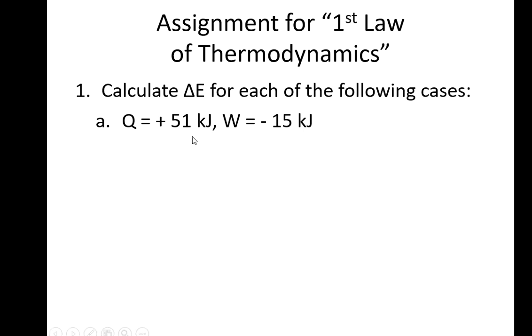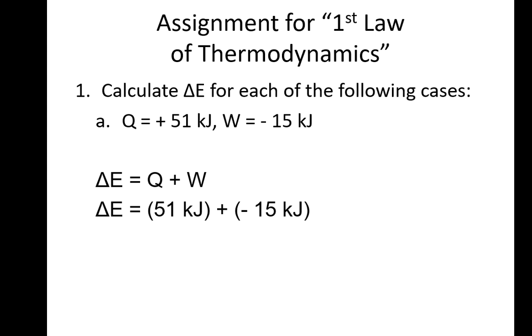All right, so how do we calculate the delta E? Well, guys, remember our equation. The change in energy is equal to the amount of heat lost or gained plus any useful work that's done. So if we look at our equation, we simply replace each of these variables with the correct number. The amount of heat, in this case, that would be absorbed, is 51 kilojoules.